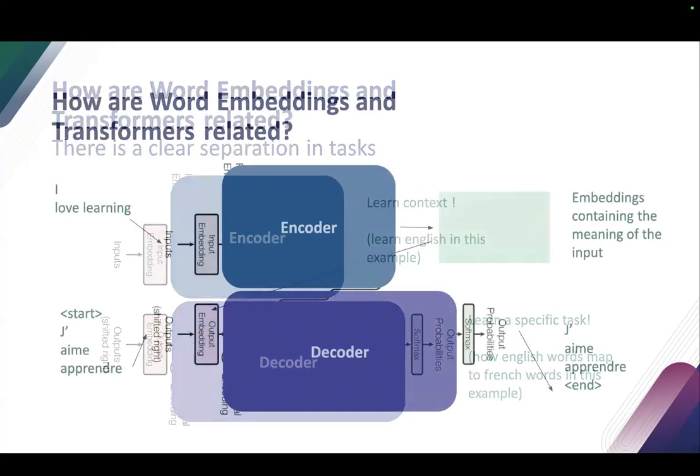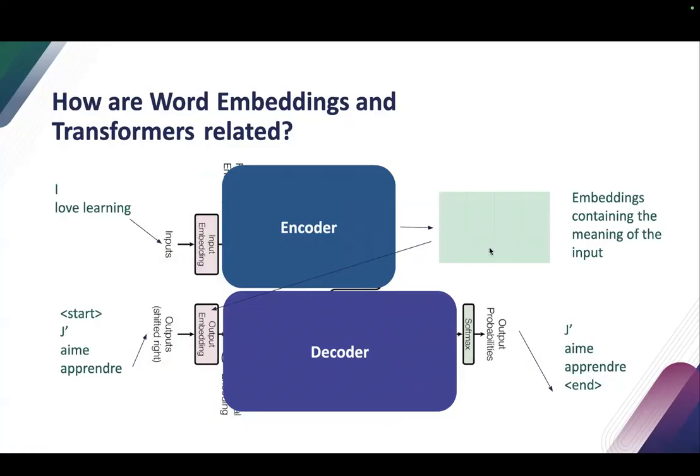Yes. So it takes two things as input. The whole context of "I love learning" in this example. So the English version, "I love learning", gets embedded. That's your context. The decoder is going to take as input that context along with the words that were predicted before. So that's a translation example. Going back to my other example of GPT summarizing something, it predicts one word at a time.